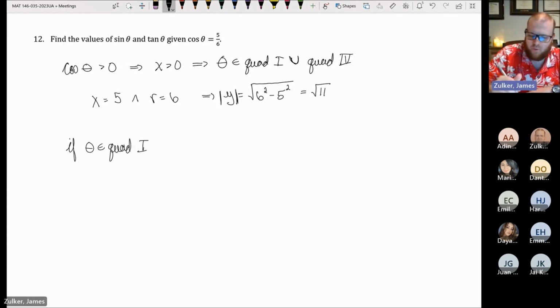If we are in quadrant 1, then y is positive.